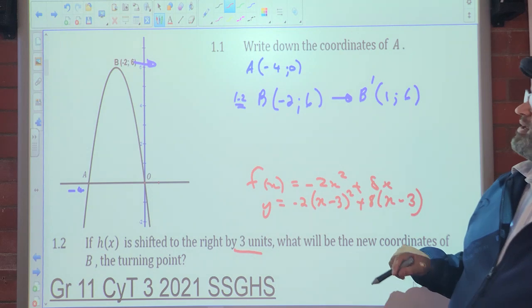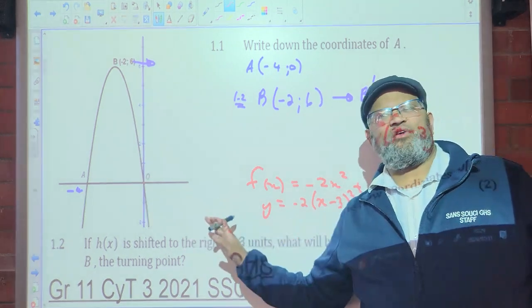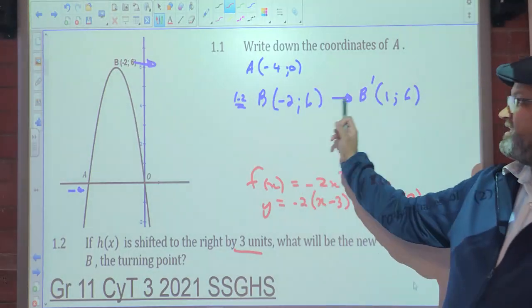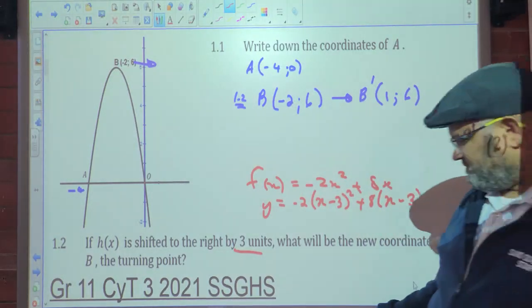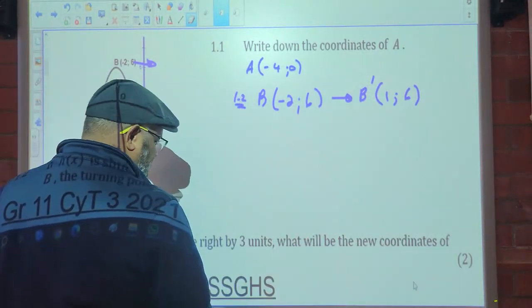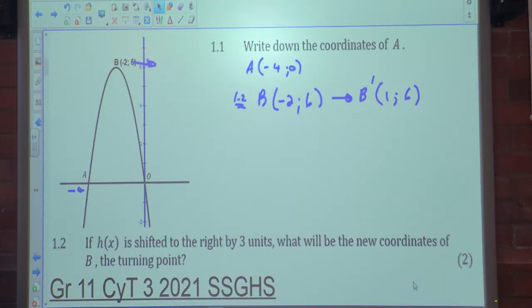But because you're just shifting the graph and they're not referring to the equation, that is why that is correct. I think we're confusing the equation with the actual graph itself.